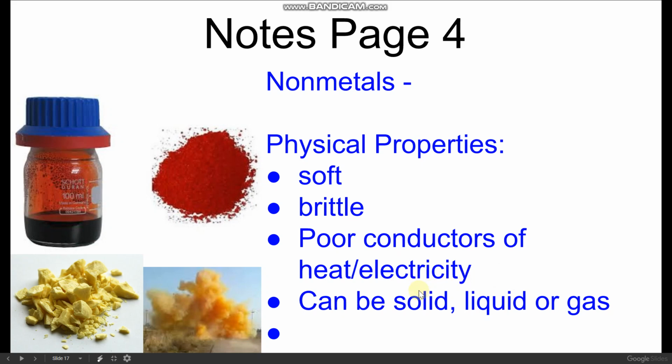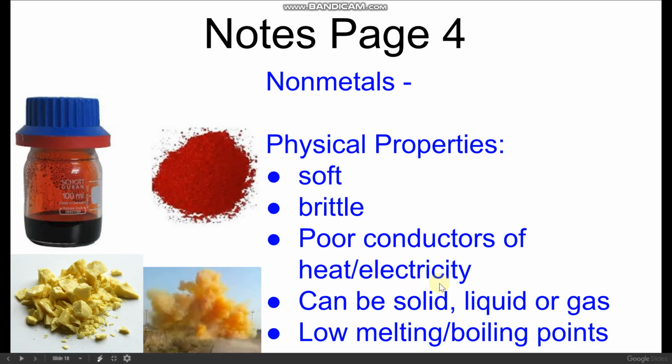They can be really any state at room temperature. But in general, they have lower melting and boiling points than metals do. And so it's much easier to get them into the liquid or gas phase. You just have to heat them up a little bit, and then they'll turn into a liquid or a gas. Okay.